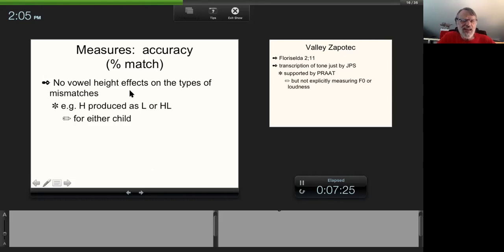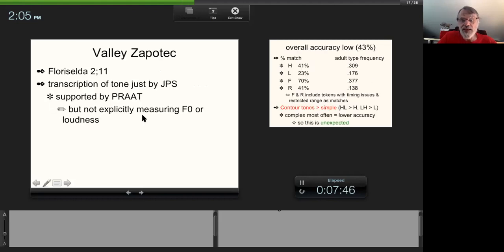We initially started out looking at the types of mismatch as well. So high, when it's not accurate, could be produced as low or mid or falling or rising or whatever. We found that high tone doesn't affect the type of mismatch, at least not for these two children. So we're not going to look at that, but we are going to pay attention to vowel height for accuracy where we find an effect.